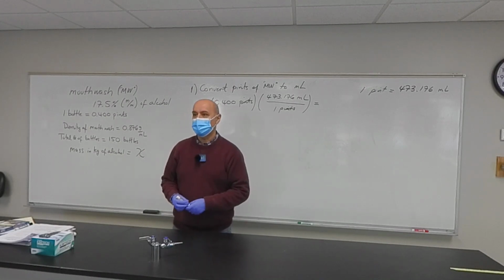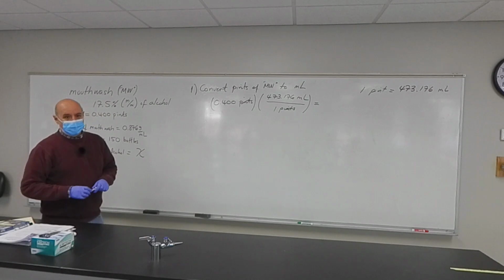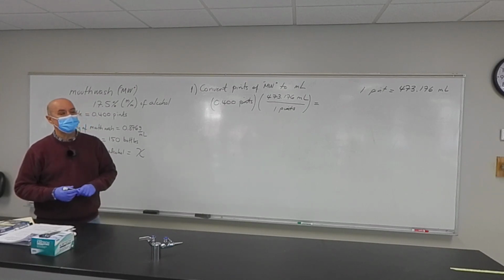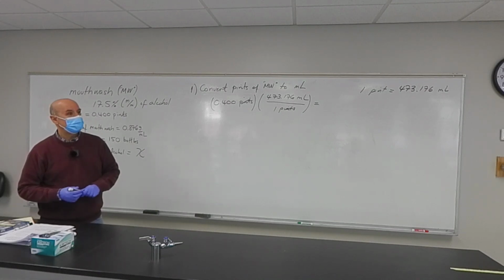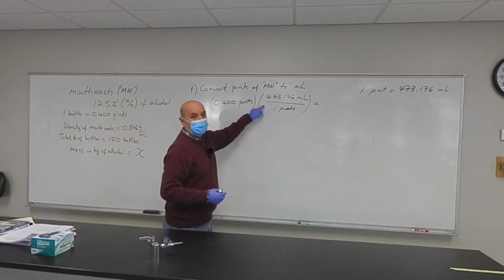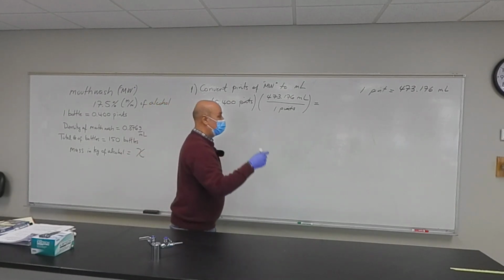Please do it on your calculator so that you get practice. 0.400 times 473.176. 189.270. You divide it by what? No, you multiply by. 189.270. Okay.